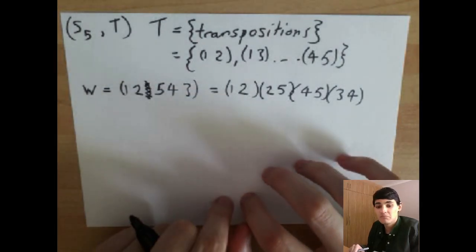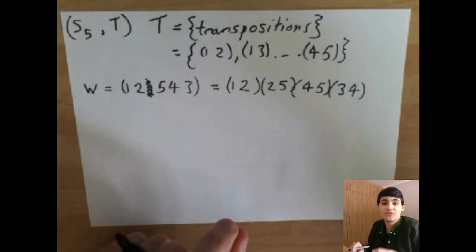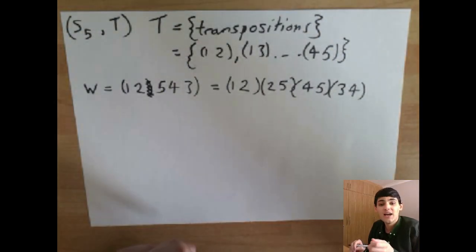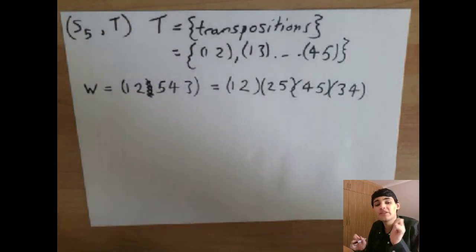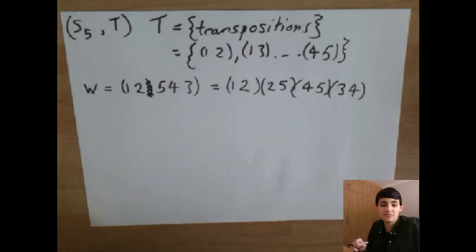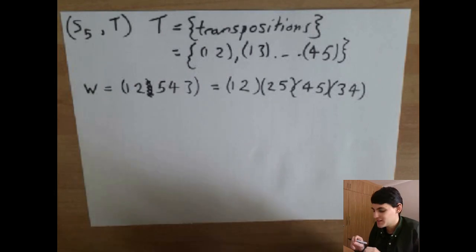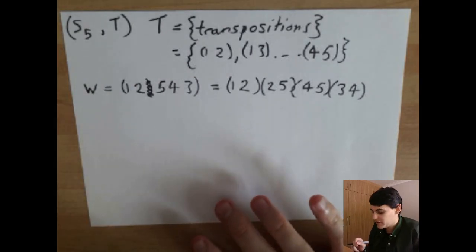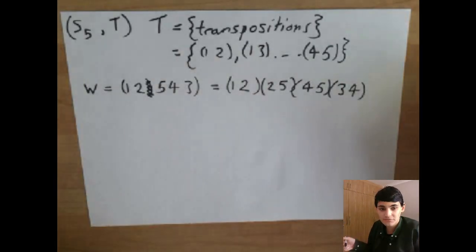I proved that it is using matrix representation theory in my paper below. You can have a look at that. I'm not going to do it here because it's a bit long, but you can either trust me or look there. But let's have a look at the shifting lemma on W.